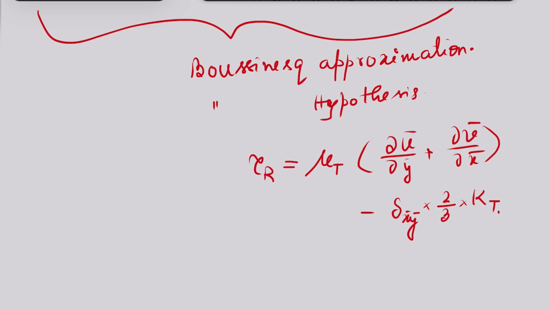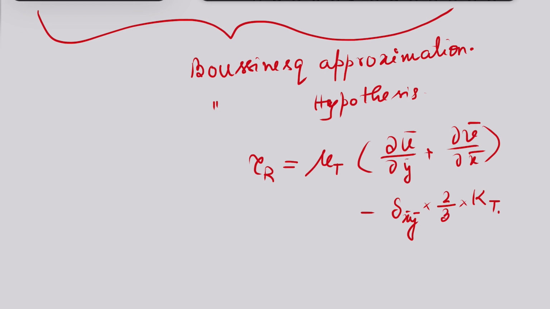I just told you this because I want to make it clear that whenever you are studying natural convection, never ever say that you are applying the Boussinesq hypothesis. That is totally a different thing.